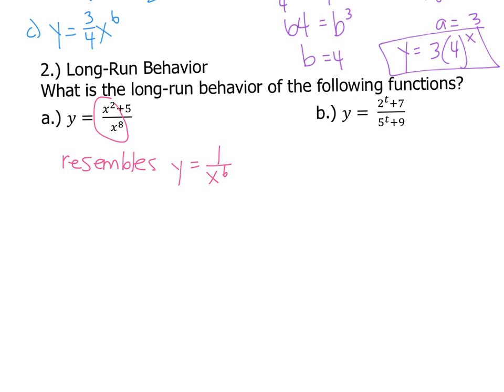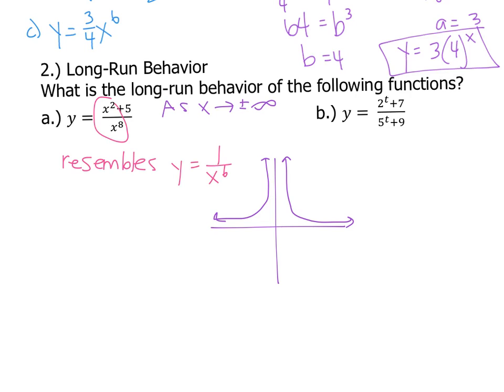If you graph y equals 1 over x to the 6th, if you're not quite sure what that looks like, it's kind of something like this. You can always just plug that in your calculator, get a rough sketch here. So when it's asking for the long run behavior, basically we're looking for what happens to the function as x approaches both positive and negative infinity.